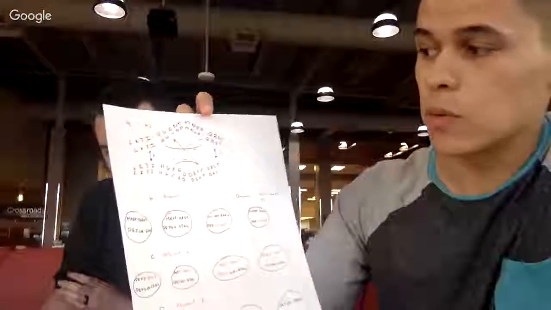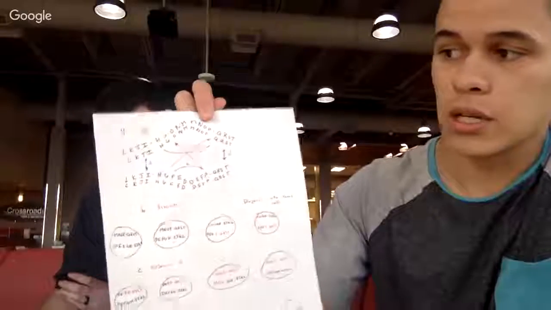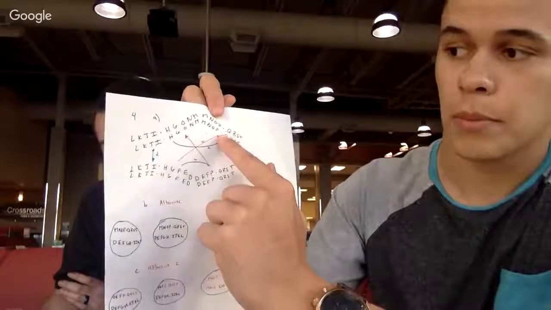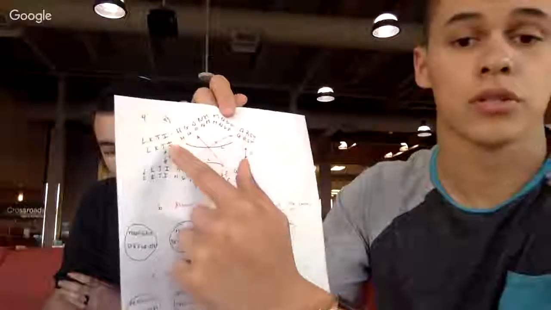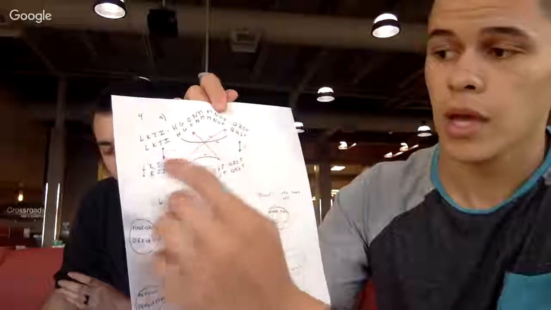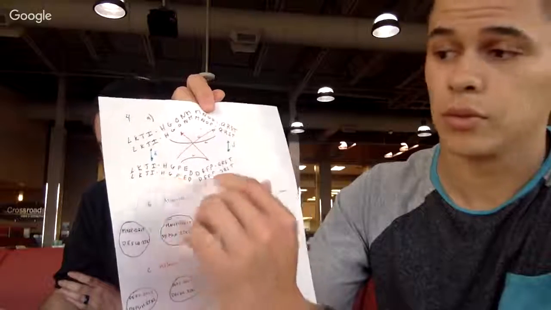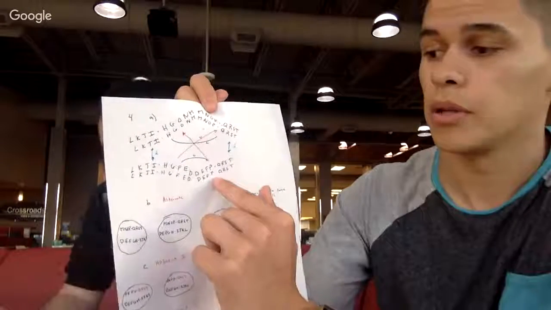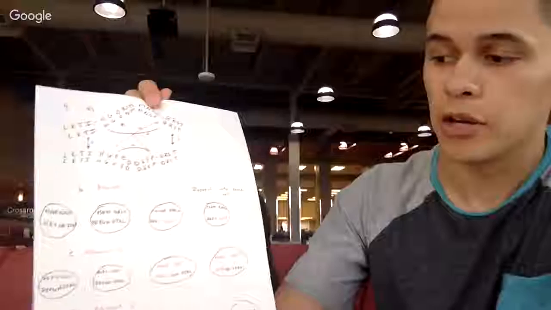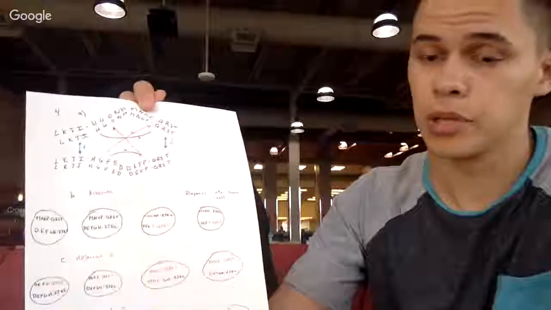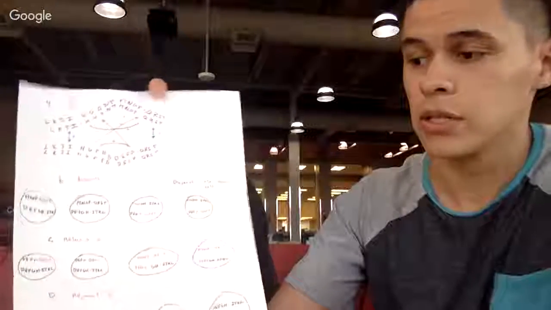C is your adjacent one. For C, you're going to take your homologous chromosome number 1 with your translocated chromosome number 1. And you're going to do the same thing with homologous chromosome number 2 with your translocated chromosome number 2. You're going to put those in 2 different cells, and they're going to be duplicated as well. So you're going to get 4 cells.